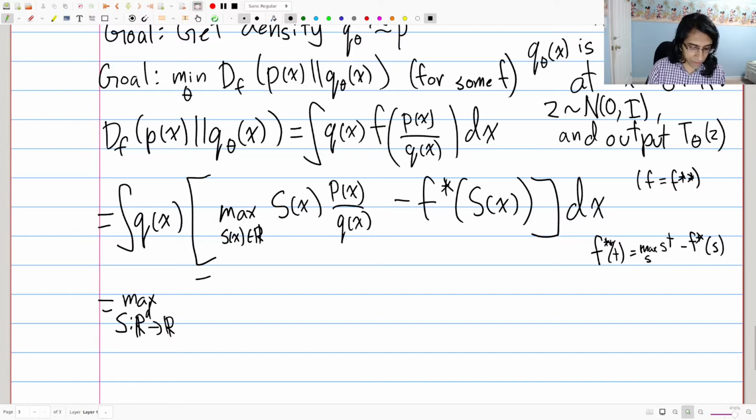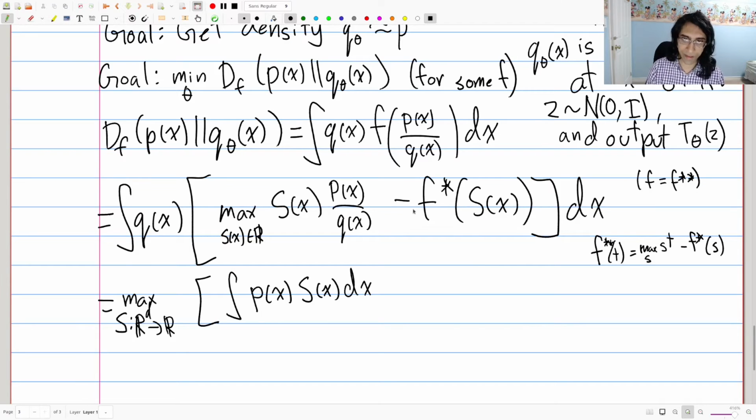And then it'll be of the following: integral of q of x times, sorry, p of x. So just taking the first term here, this q of x and this q of x will cancel out. So we're going to have p of x, s of x times dx.